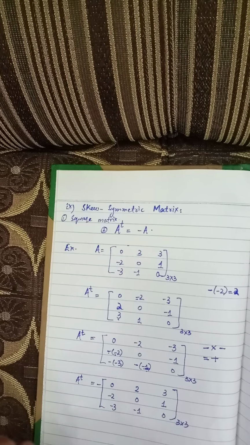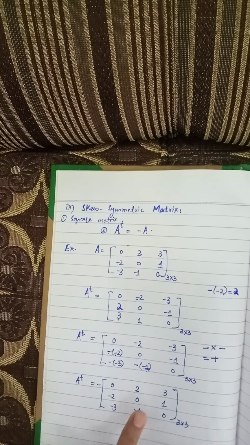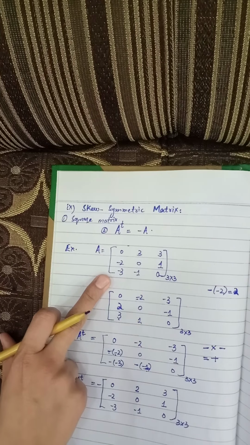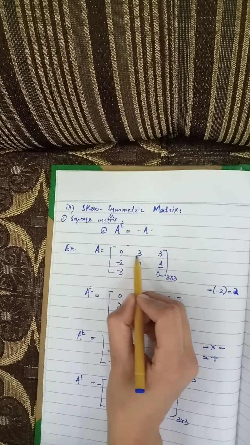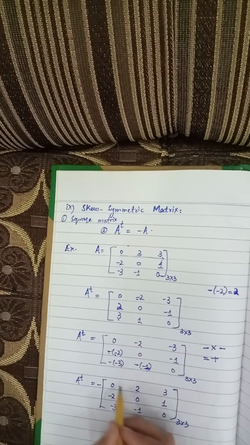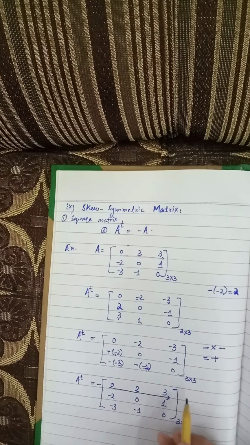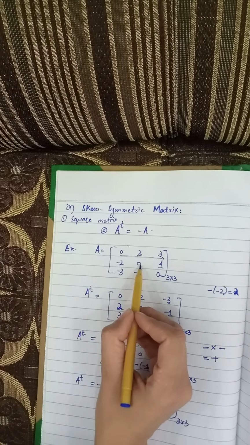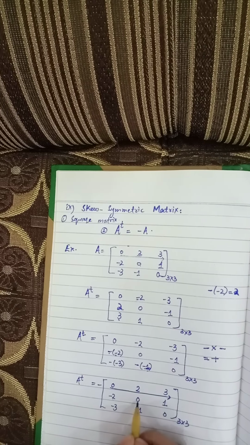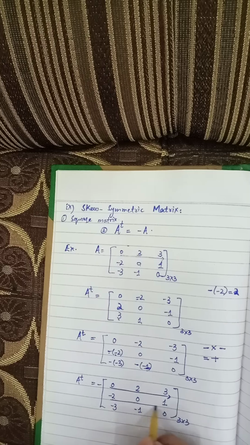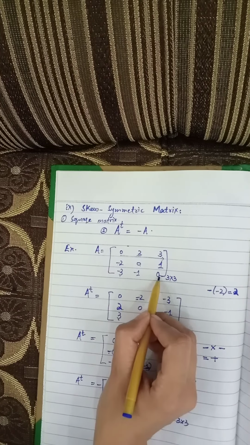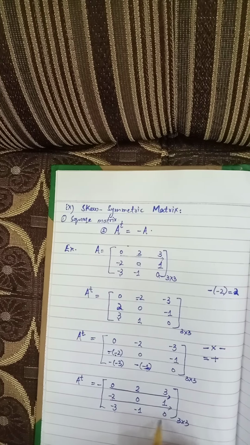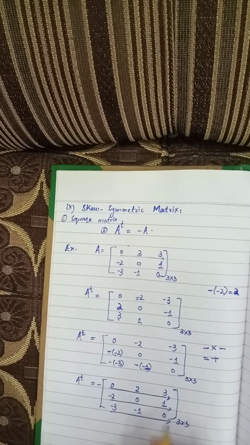Now I am going to compare this matrix with the initial one. As we see, in the first row, 0, 2, 3 are the entries. -2, 0, 1 are the entries of the second row. And -3, -1, 0 are the entries of the third row.